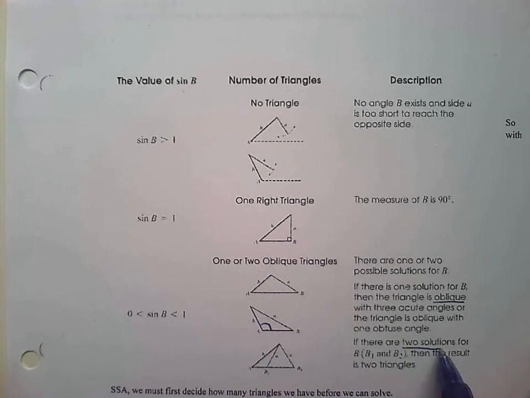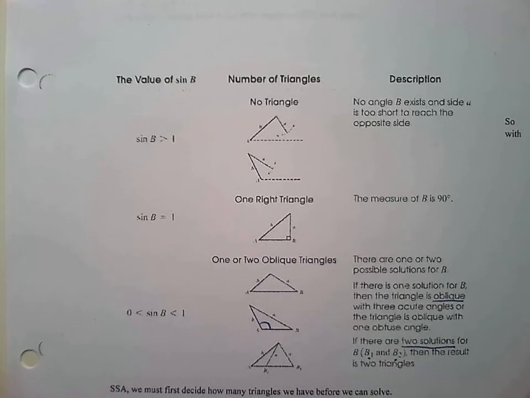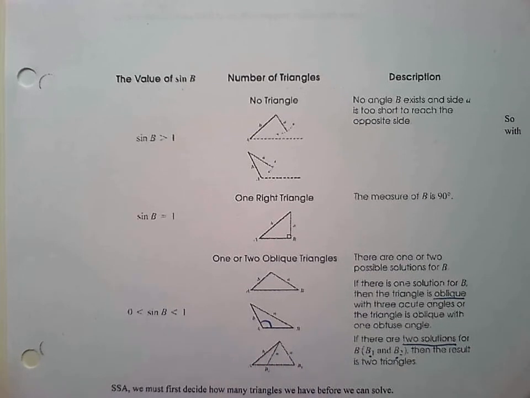However, if there are 2 solutions for B, which we're going to call B1 and B2, then the result is 2 possible triangles. If that was so far clear as mud, don't worry about it. We're going to go through some examples and show when we have each one of these cases.